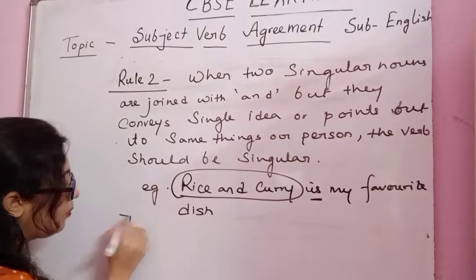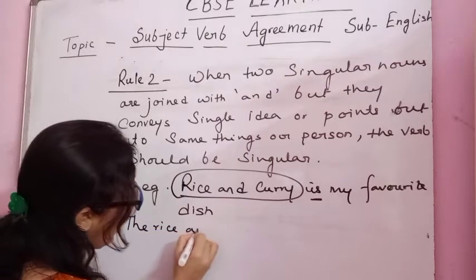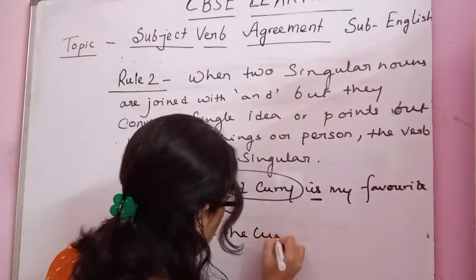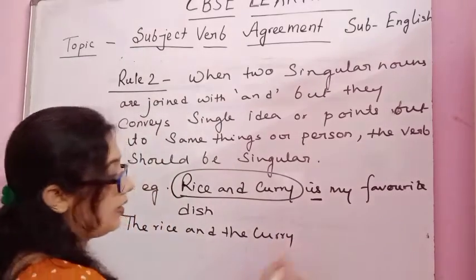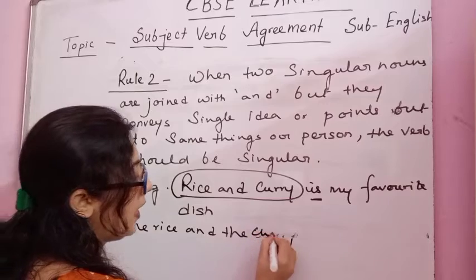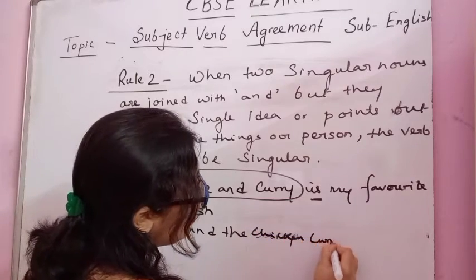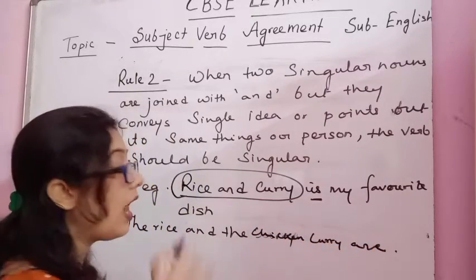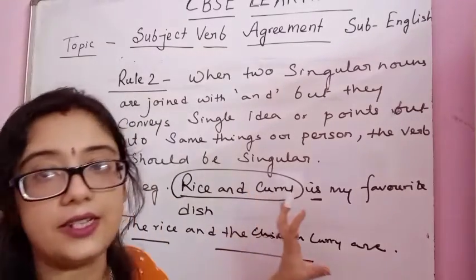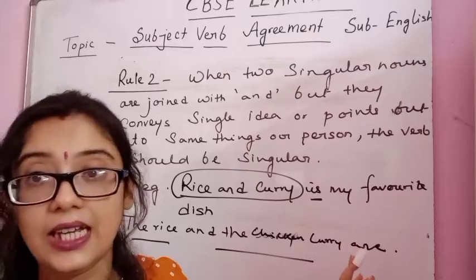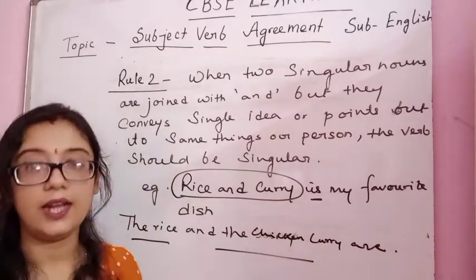If we are considering both the rice and the curry, or you can say the chicken curry, any curry, then it will be "are", because both are giving different ideas. But in the first sentence, it is conveying a single idea, so you can say "is".